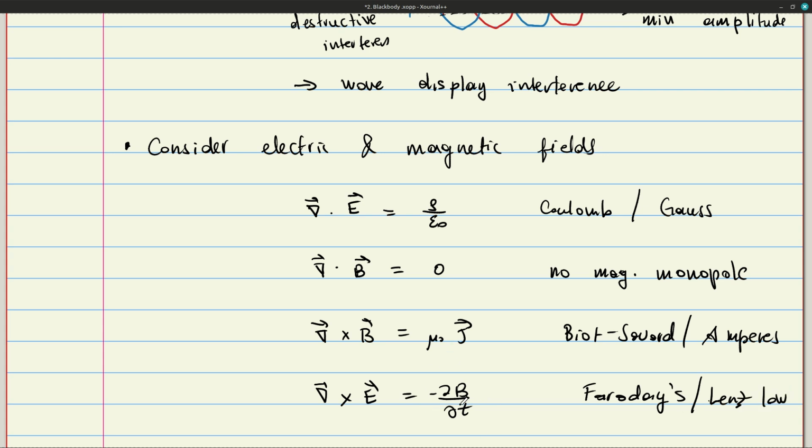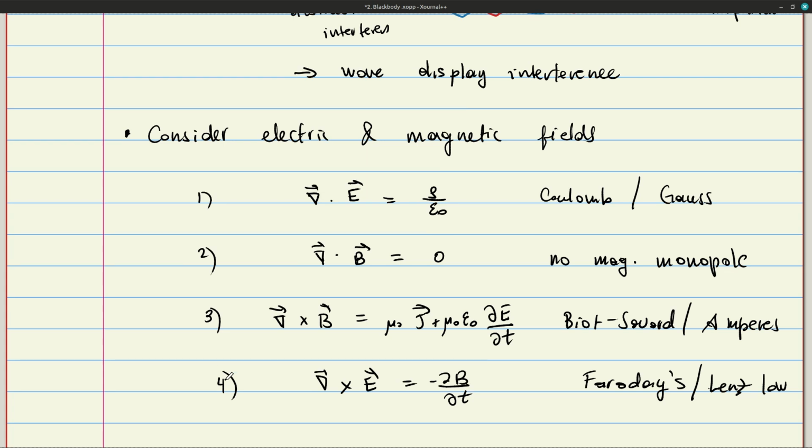And if there is something like this for the curl of E, depending on the time derivative of B, then why not have the same thing for the curl of B? And this one was suggested by Maxwell the first time. Okay? So these are the 4 Maxwell equations.